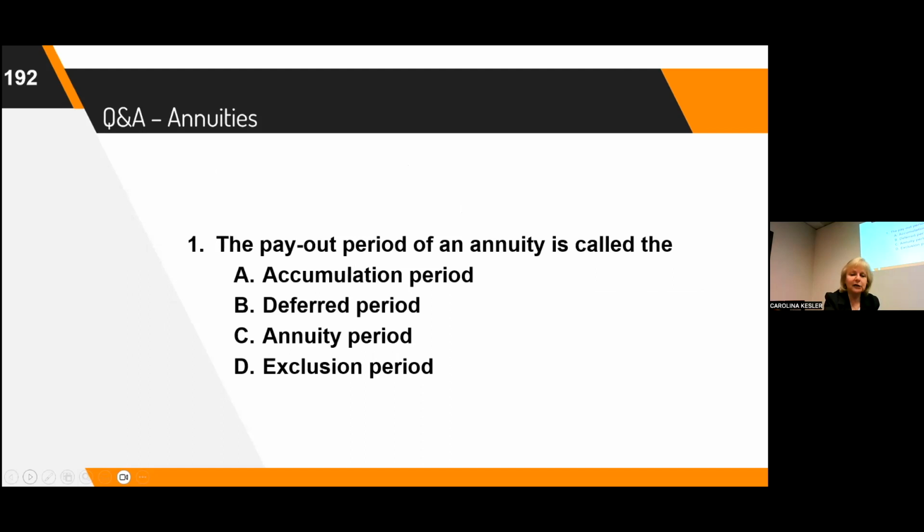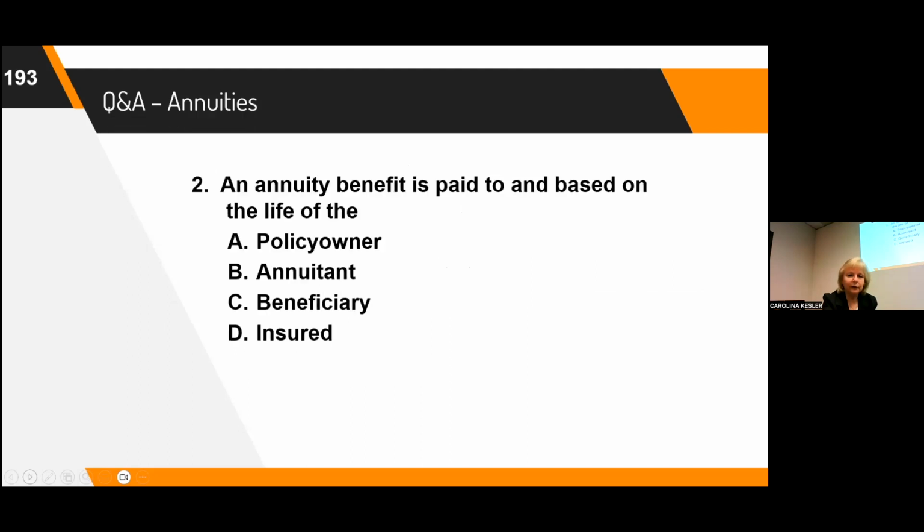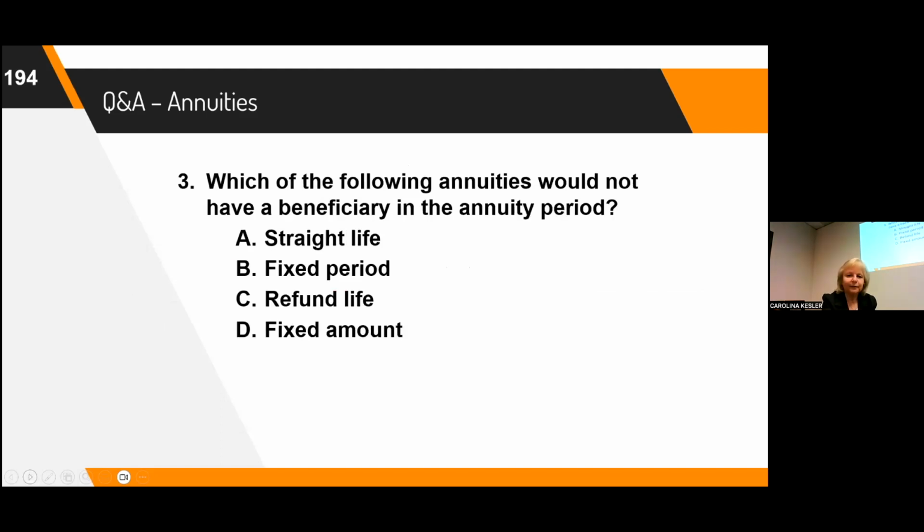The payout period of an annuity is called the what? Annuity period, yes. An annuity benefit is paid to and based on the life of the annuitant. Which of the following annuities would not have a beneficiary in the annuity period? Straight life. Good, you learned that. Awesome.